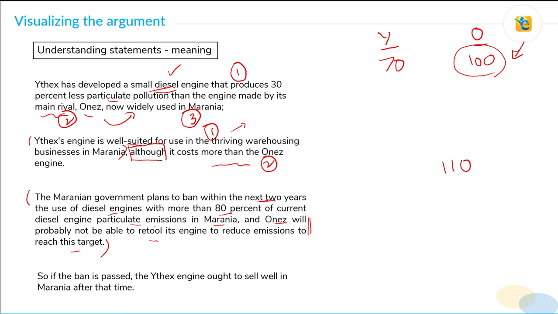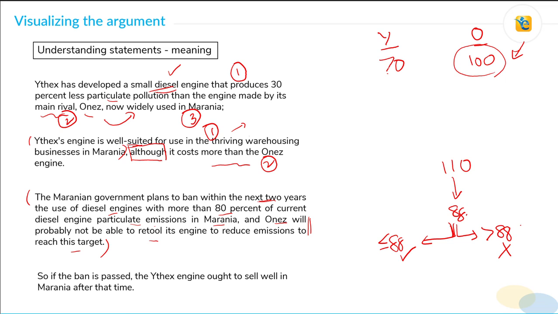What we're being told is that 80% of this 110, 80% of current particulate emissions, is 88. Any engine that creates a pollution of more than 88 units is going to get banned, and anything that is not more than 88, in other words less than or equal to 88, is going to be allowed to operate in Marania. What does this mean for these two engines?